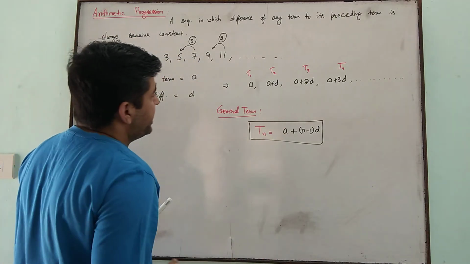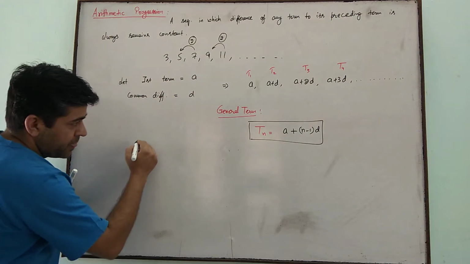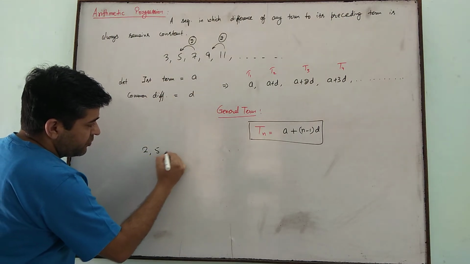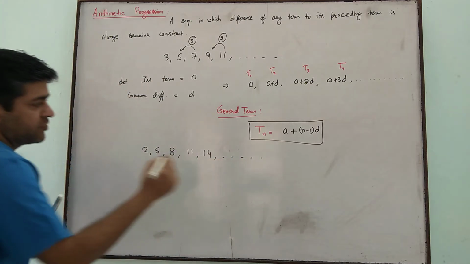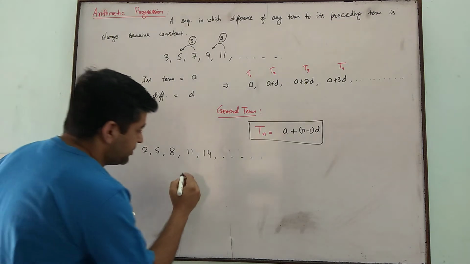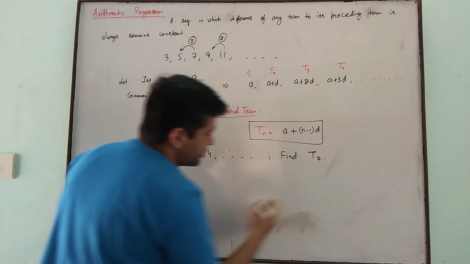So if any AP is given, you can find a particular term. Like we have 2, 5, 8, 11, 14. Find its 7th term. The question is to find the 7th term.